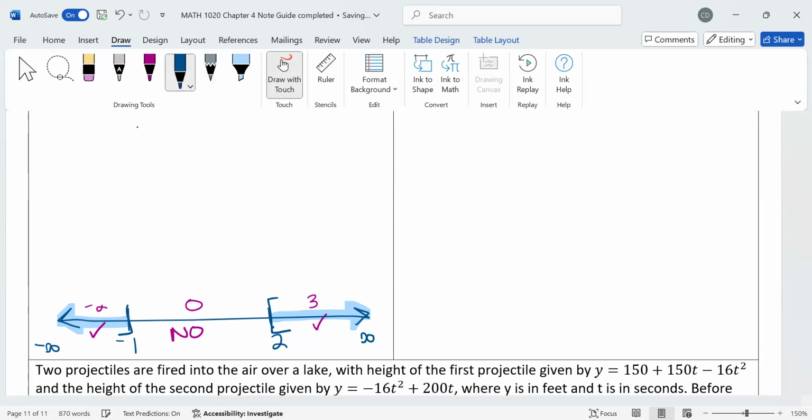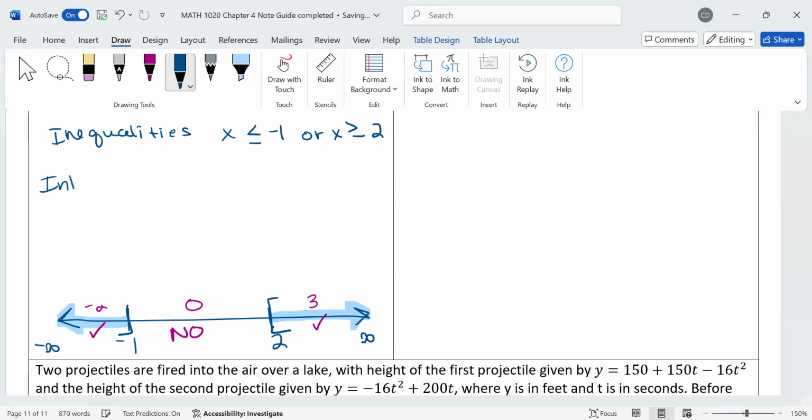All right, so if they want inequalities, x is less than or equal to -1, or x is greater than or equal to 2.